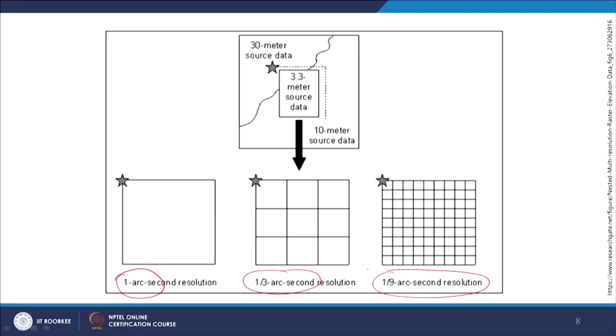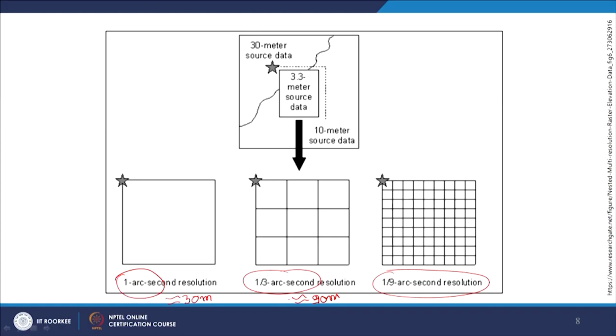A lot of digital elevation model data, DEMs, are available in this terminology. So when they say 1 arc second, it basically means roughly 30 meter. And when they say 3 arc seconds, they are talking about 90 meter.